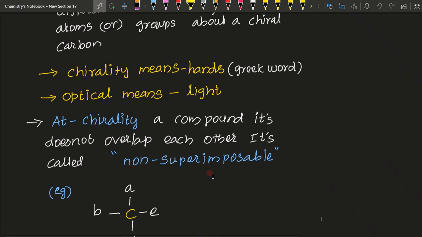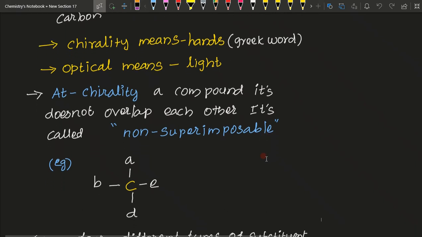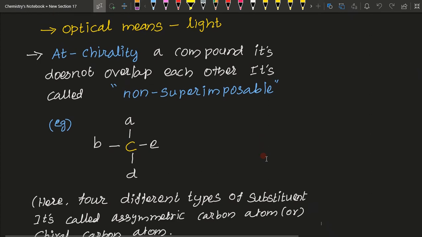In chirality, a compound does not overlap its mirror image, it is called non-superimposable. For example, our both hands do not overlap each other, so it is called non-superimposable.